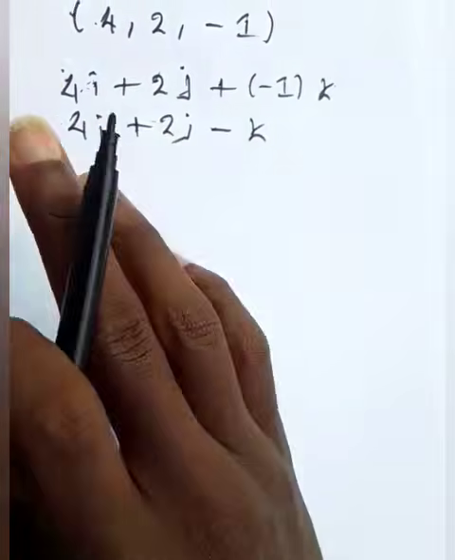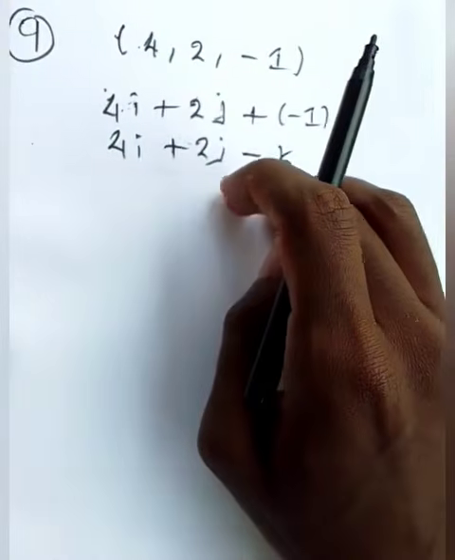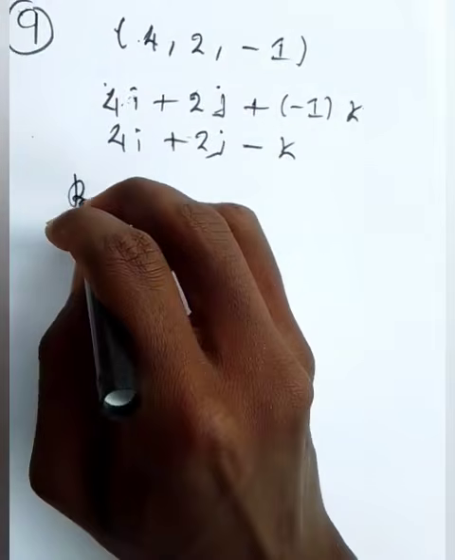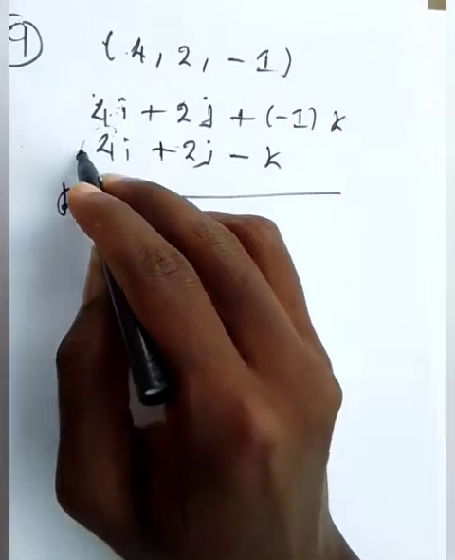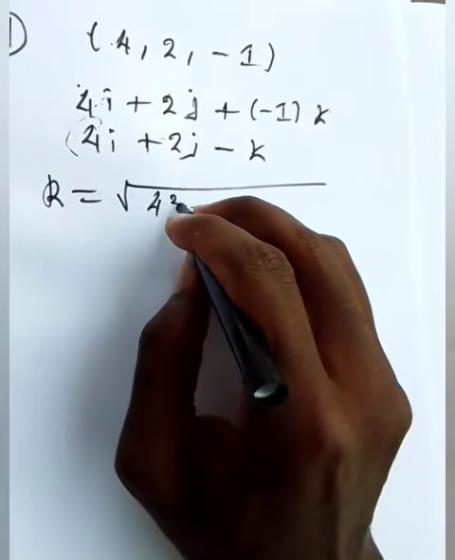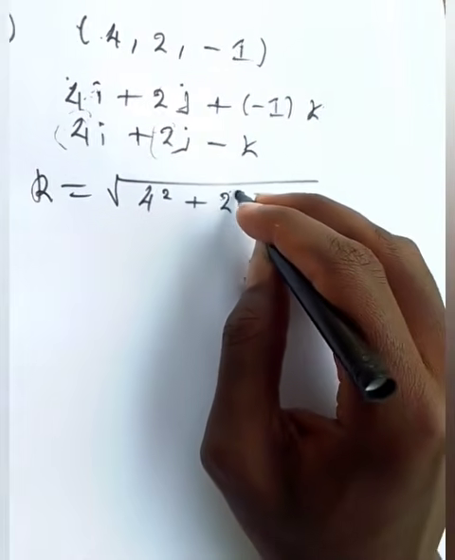Now listen, they want you to find the direction cosine. First of all, I'm going to find the resultant because I'm going to need it, if you remember the formula. What did we say? Get the coefficient of i raised to the power of 2 plus coefficient of j to the power of 2.